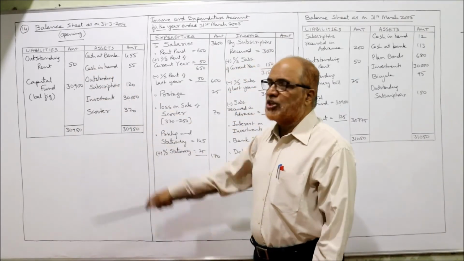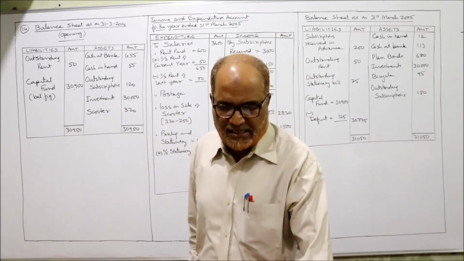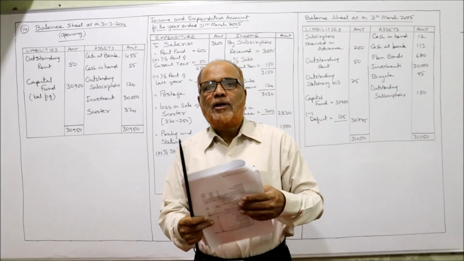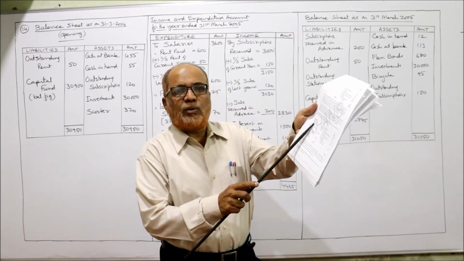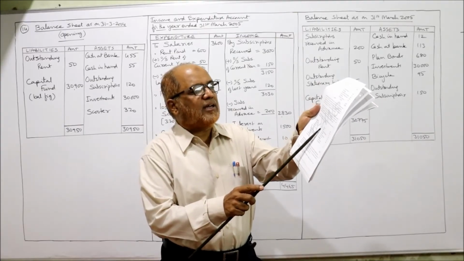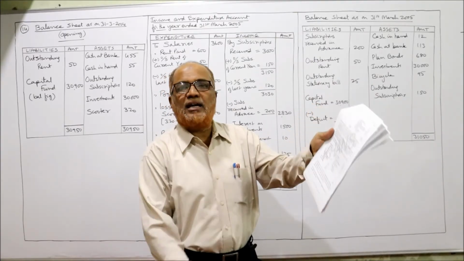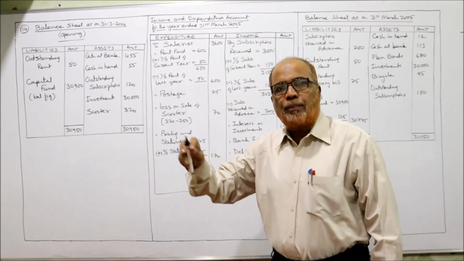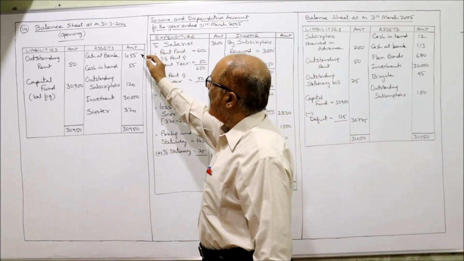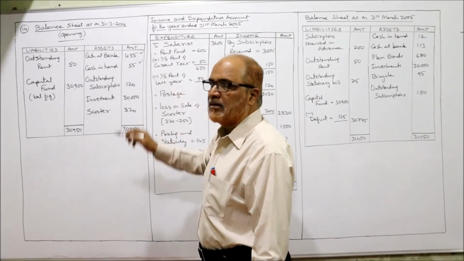In this balance sheet, first of all we'll take assets: cash in hand, cash at bank. The cash book is given. In the cash book you can see the opening balance of cash at bank is 455, cash in hand is 55. So I have taken those opening balances.